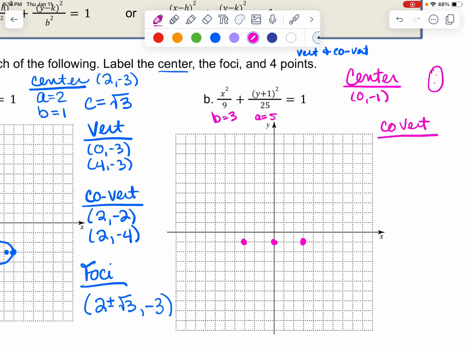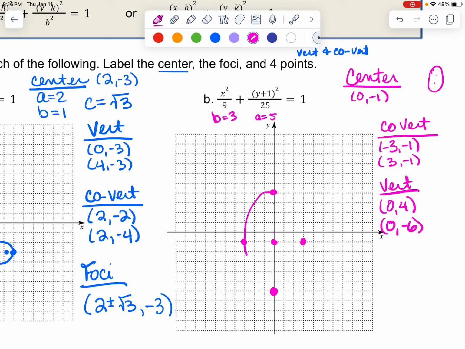So my co-vertices are (-3, -1) and my other co-vertex is (3, -1). And then my vertices go up and down, so I go up and down 5 units. So this is 0, 1, 2, 3, 4. So my vertices are located at (0, 4), and then down 5 units: 1, 2, 3, 4, 5. So (0, -6).